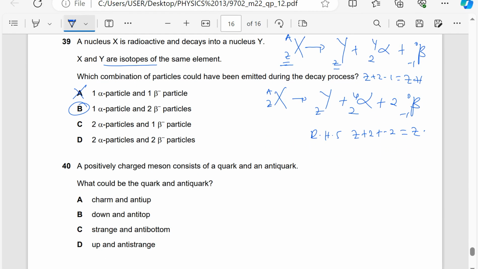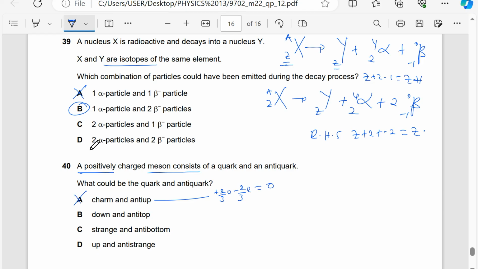And lastly, a positively charged meson consists of a quark and an antiquark. What could be the quark and antiquark? It is positively charged, so we're going to check the charges. Charm and anti-up. Charm is positive 2 over 3e. Anti-up is negative 2 over 3e, which gives us 0.